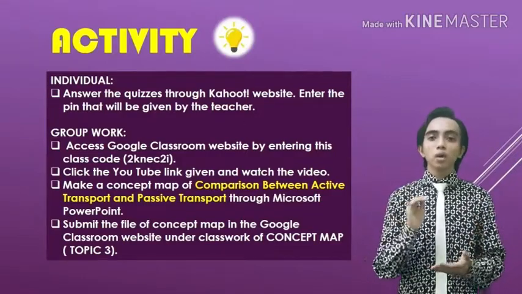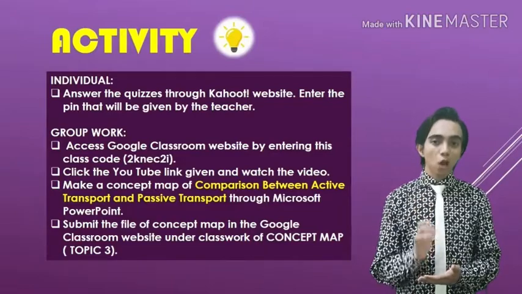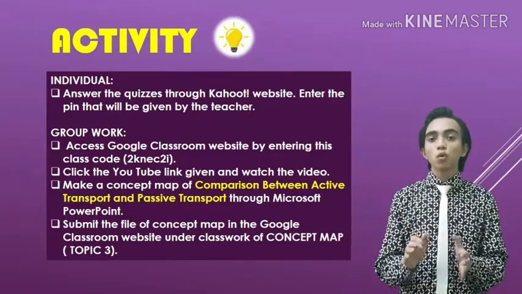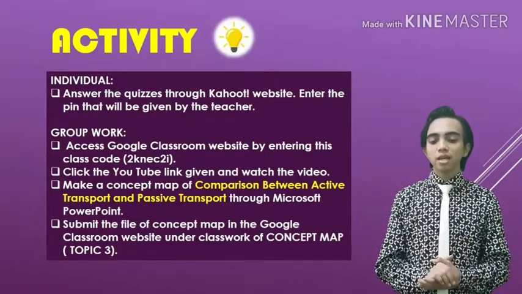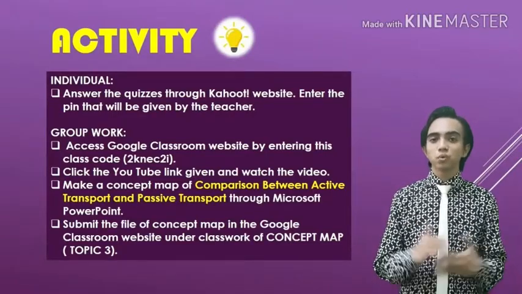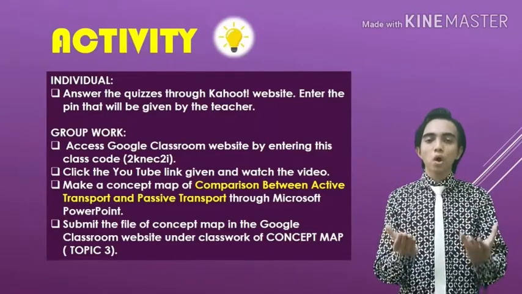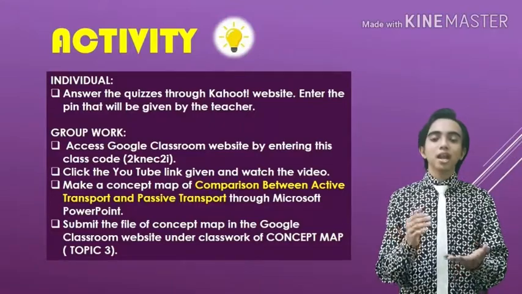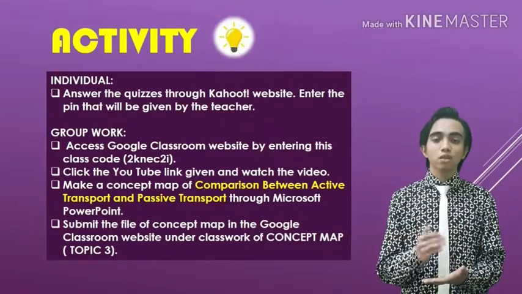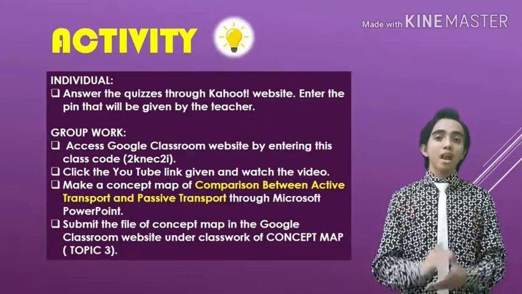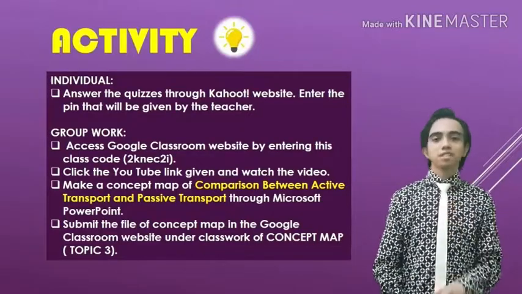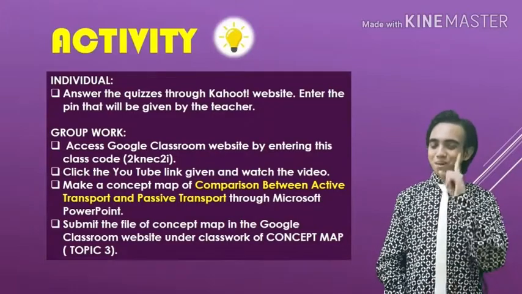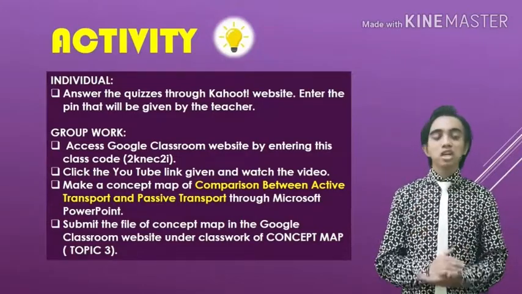Go to Google, search for the Kahoot website, and enter the pin that will be given by the teacher. I will give you the pin number. Whoever gets first, second and third place, I will give a special reward. Remember that.